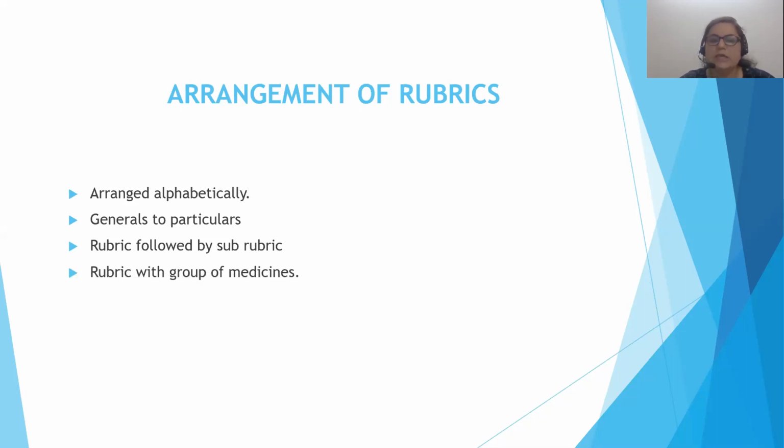First this is a rubric, then you have a certain group of medicines under it, and after those medicines you have the sub-rubric, and then the sub-rubric is again given with a certain group of medicines. Now, this group of medicines has been given grading, as I told you earlier, the 3 grades that were mentioned in Kent's repertory. So all these medicines have been given grading first, and then the further sub-rubrics are mentioned, which are then again given the grading.